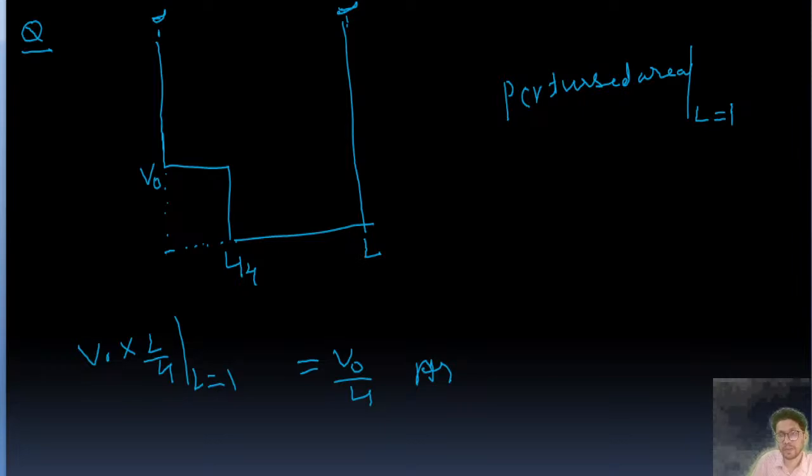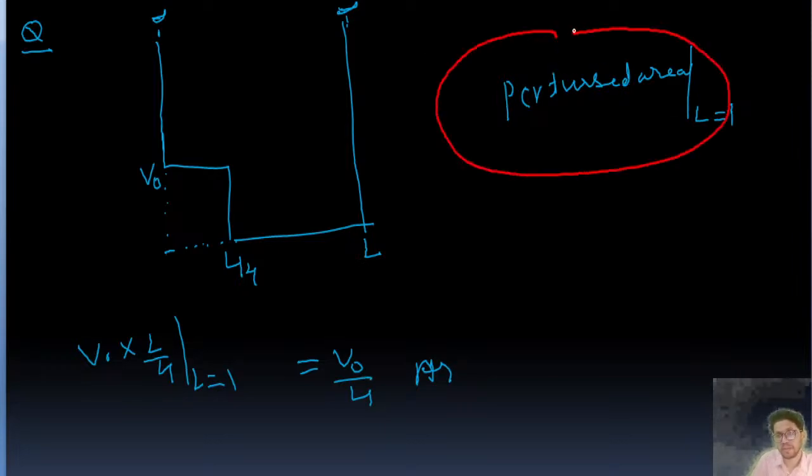Okay, in place of L we'll write 1. This is the trick. You can easily solve it, guys. Okay, perturbed area at L equal to 1. So this perturbed area is En1, right? This width into this height at L equal to 1. In place of L we will write 1. Very simple question, guys. Okay.